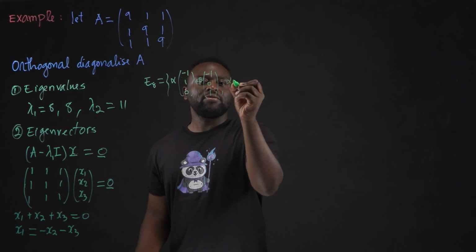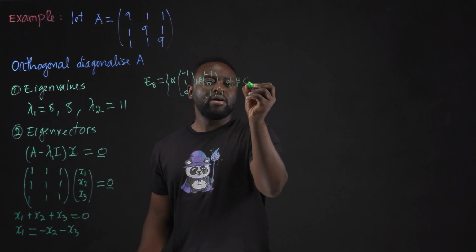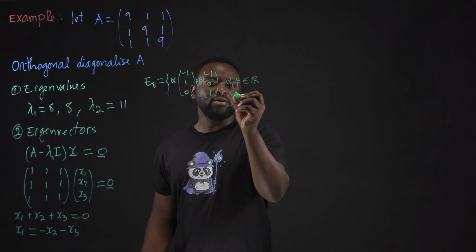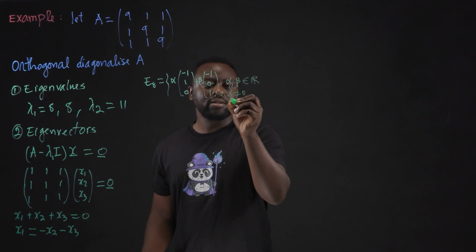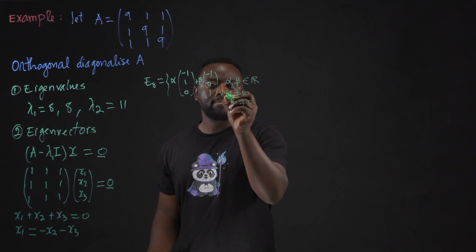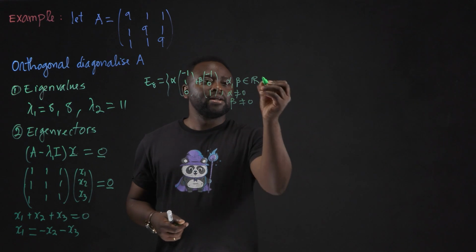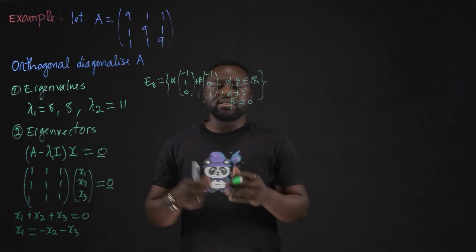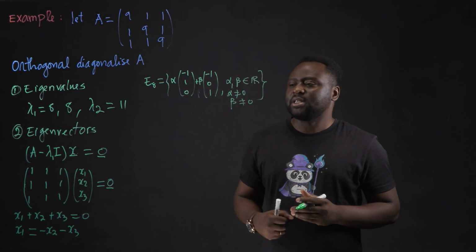Of course, alpha and beta are real and non-zero. We have the eigenvectors for the first eigenvalue.